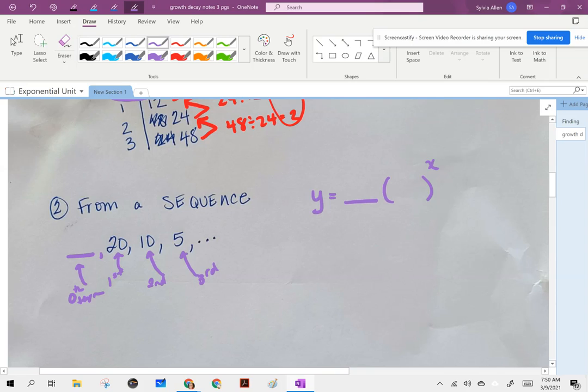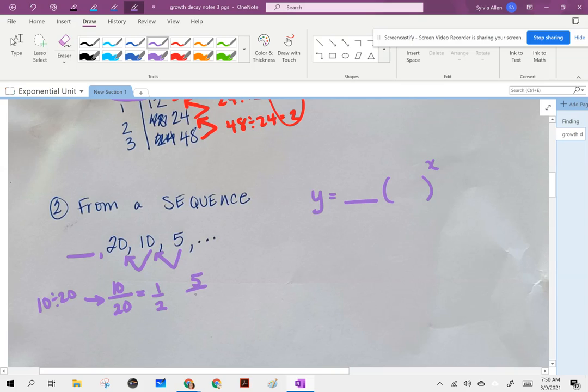Let's just see what the pattern is. Well, we would take 10 divided by 20. That looks a little weird, so I rewrite it as a fraction, and then I'm like, oh, okay, that's 1/2. Well, let's see if that holds true with 5 to 10.